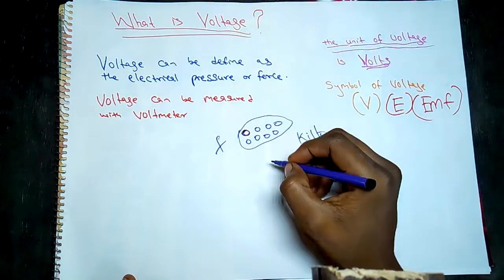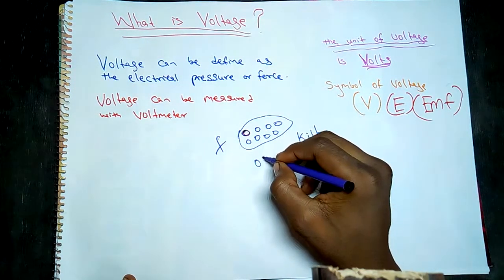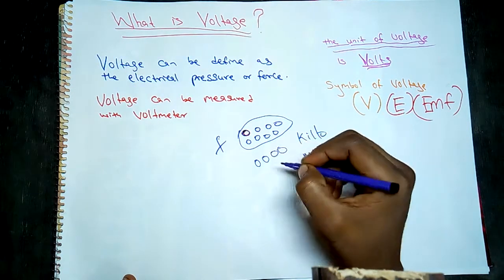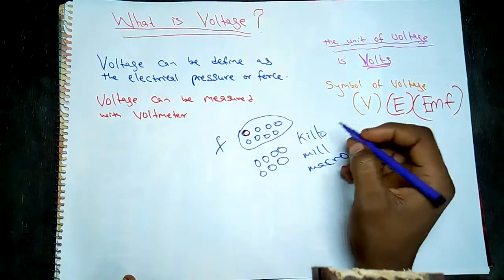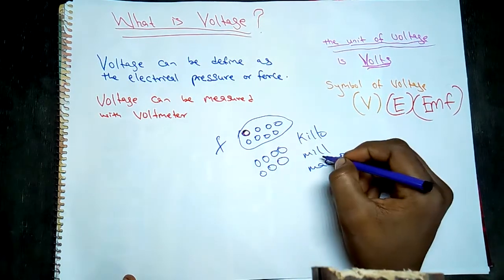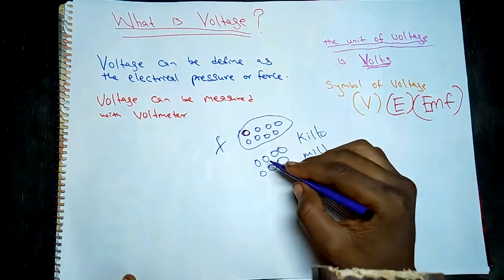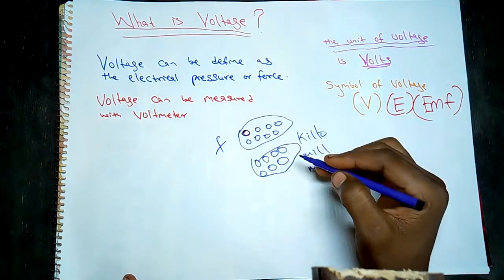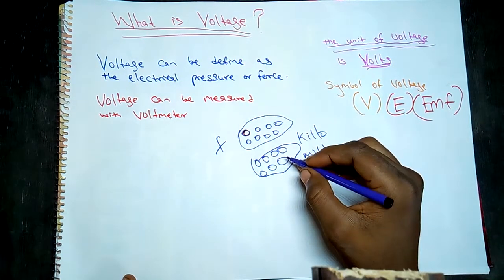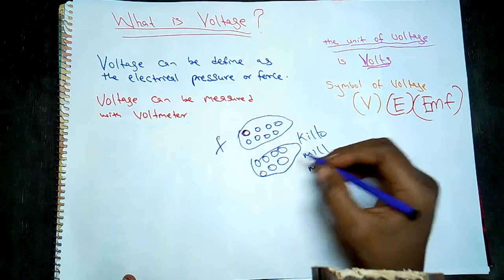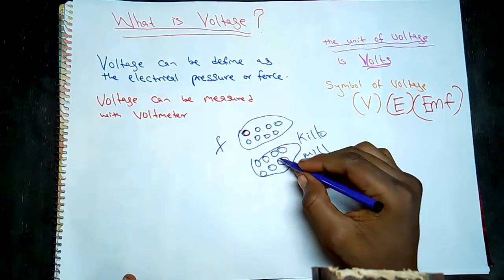So if we have a large amount of current and we apply a little force like micro or millivolts in order to push these electrons, it will force the electrons to move, but the movement will not be as strong as when you have a much larger force to push these electrons.